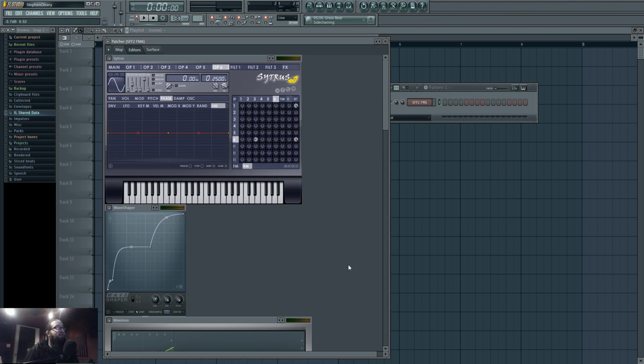But remember, the whole point of this is all about how these guys interact with each other, with the sine wave, the additional sine wave, and the actual thing itself. So remember, you can do this with anything. You can make any sound in any other patch, and then just make a sine wave with the same note, and then modulate the volume of that sine wave against it into the distortion.